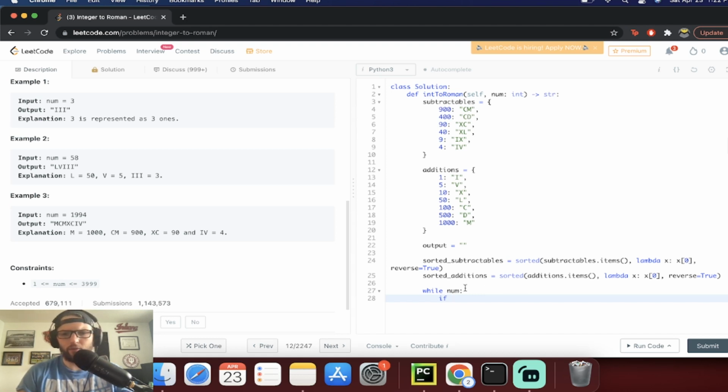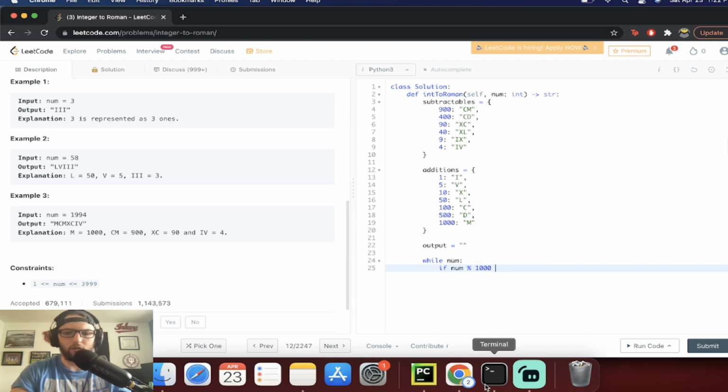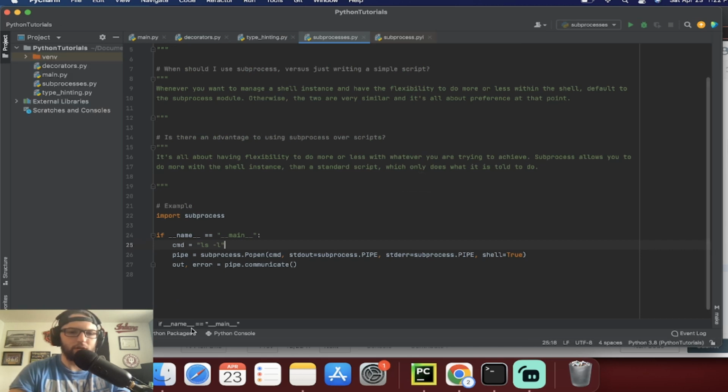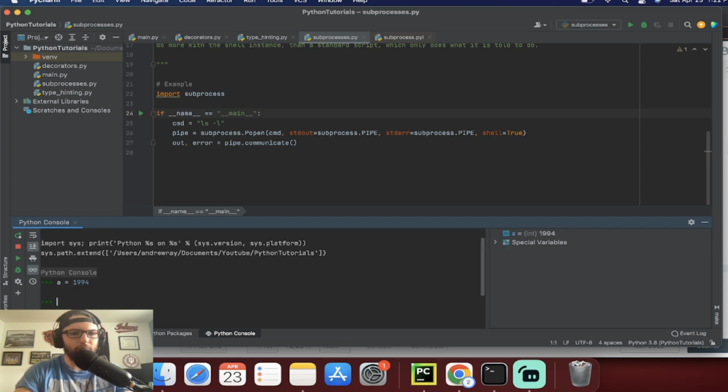Actually, I don't think we need to do this part. We know what the limitations are. So if num divisible by 1,000, let's look at this here. Python console. Okay, A is equal to 1994.